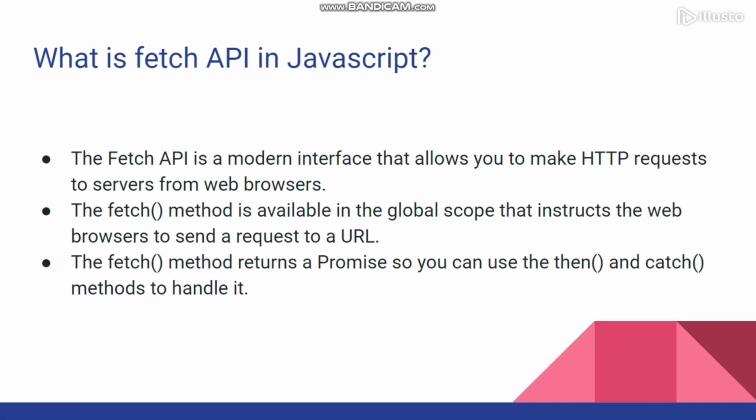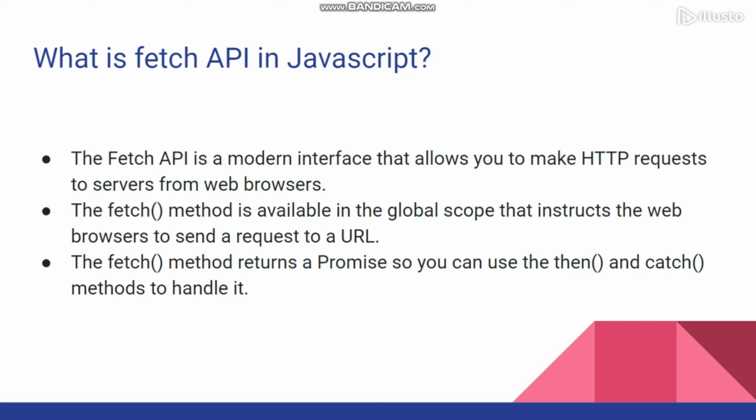The fetch method is available in the global scope and instructs the web browser to send a request to a URL. Global scope means the fetch API is declared as a global variable, a method declared in the global scope for JavaScript. So you can directly use the fetch API and get the response for it.